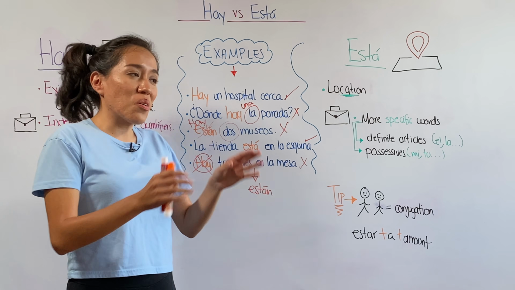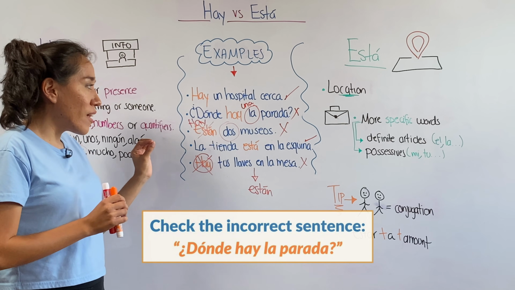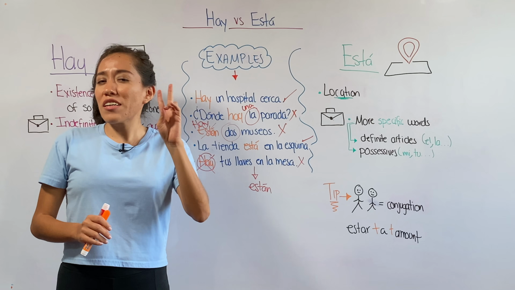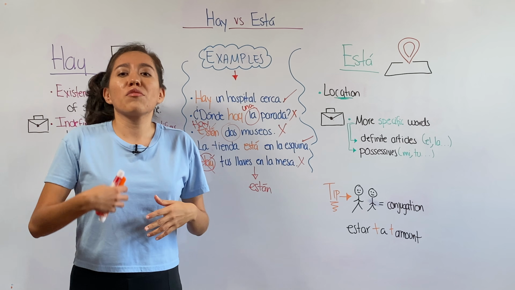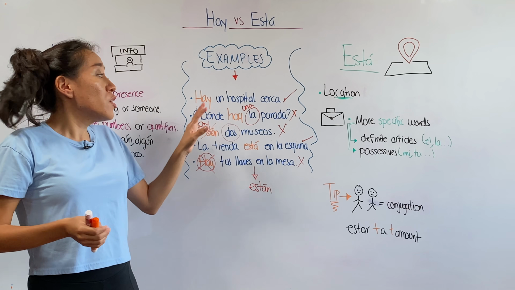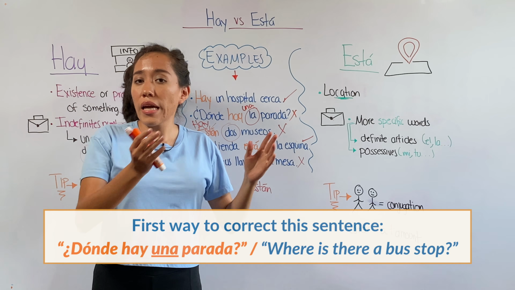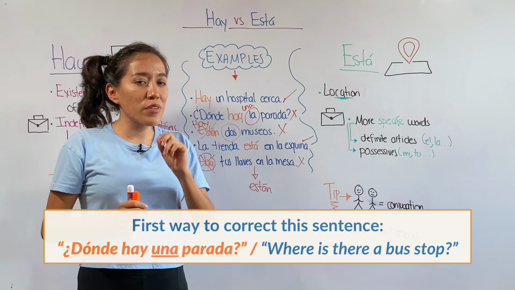So I want you to go back and check sentence number 2, ¿Dónde hay la parada? This sentence is incorrect, but in fact, there are 2 ways that we can fix this. You already learned that if you're asking about the existence of a bus stop, you are going to correct la and you're going to say, ¿Dónde hay una parada? However, that's not the only way we can fix this.